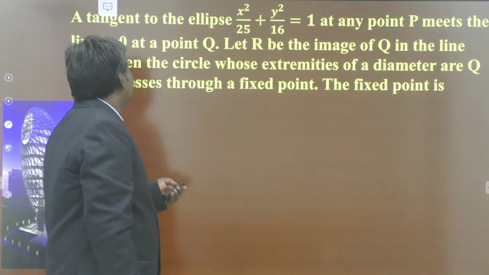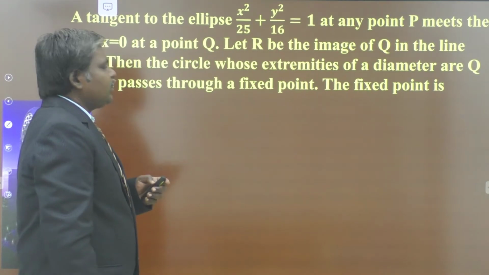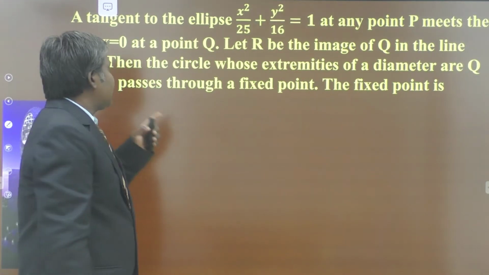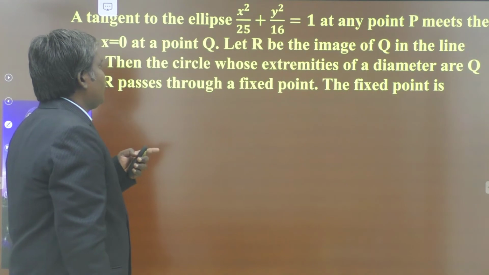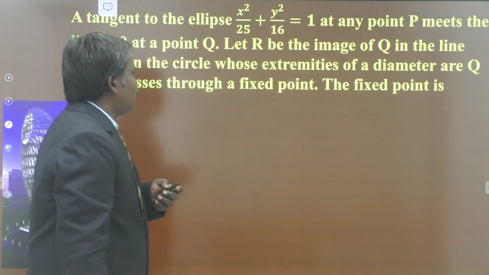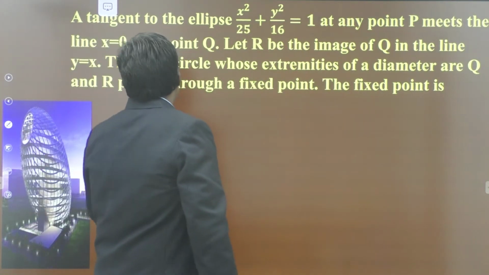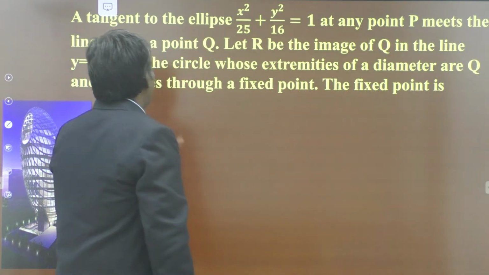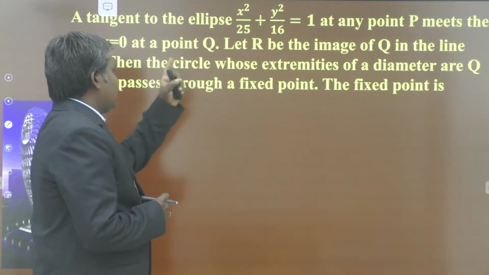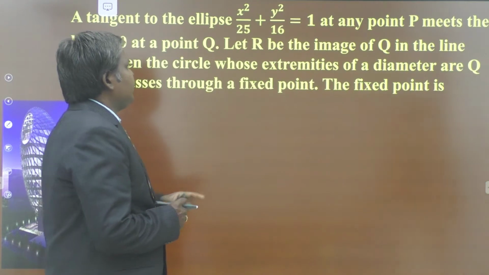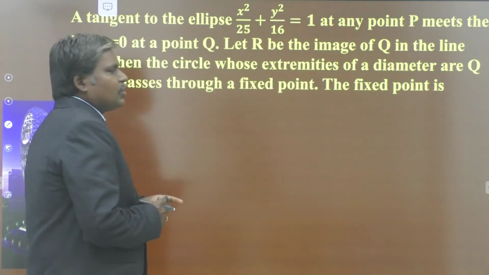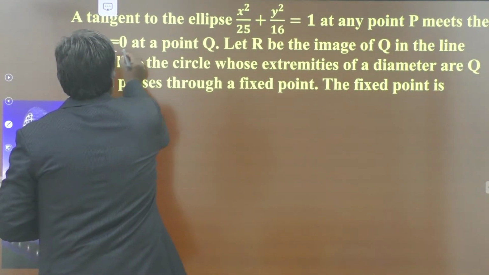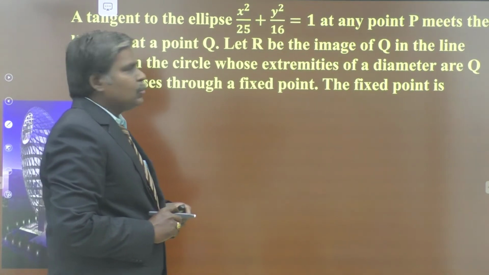Next one. A tangent to the ellipse x square by 25 plus y square by 16 equal to 1 at any point P meets the line x equal to 0 at point Q. Here x equal to 0 means the y-axis.